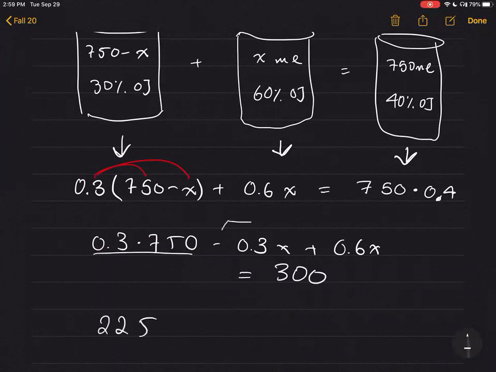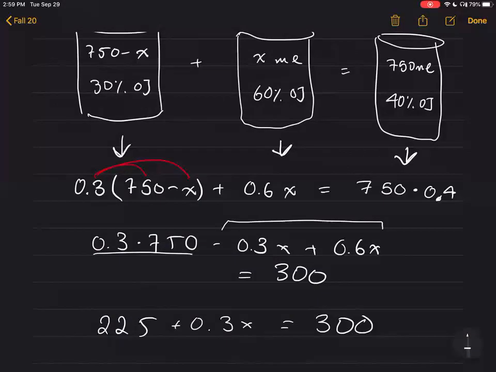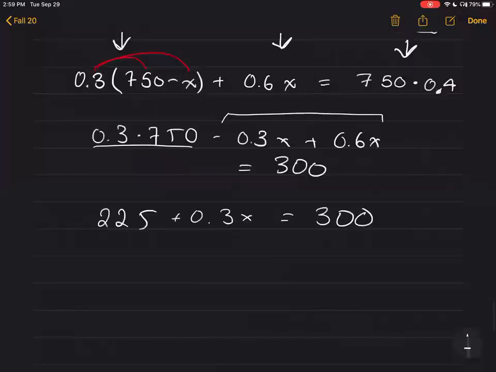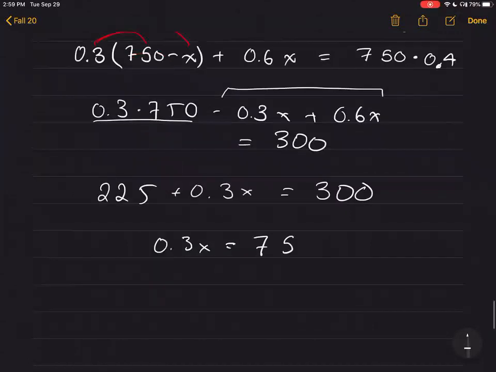And then if I add these together, I get plus 0.3x equals 300. And then I'm going to subtract 225 on both sides, so I get 0.3x equals 75. And then divide both sides by 0.3, so I get x equals 75 over 0.3, and then this will eventually equal, if you do this math, 250 milliliters.